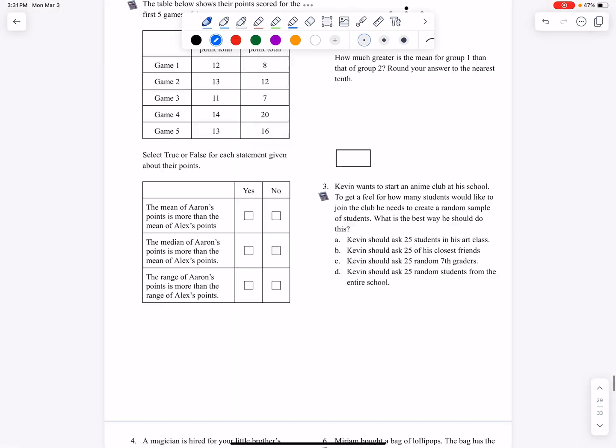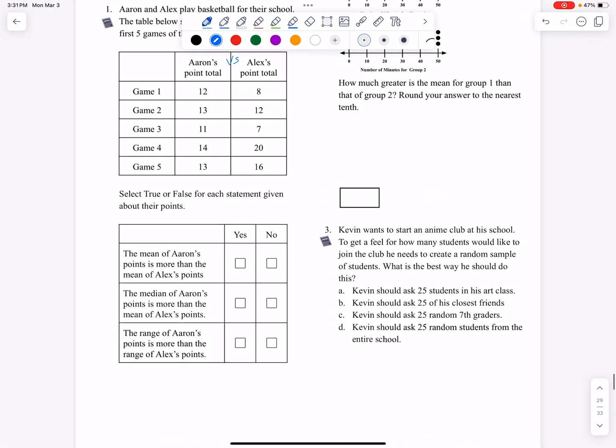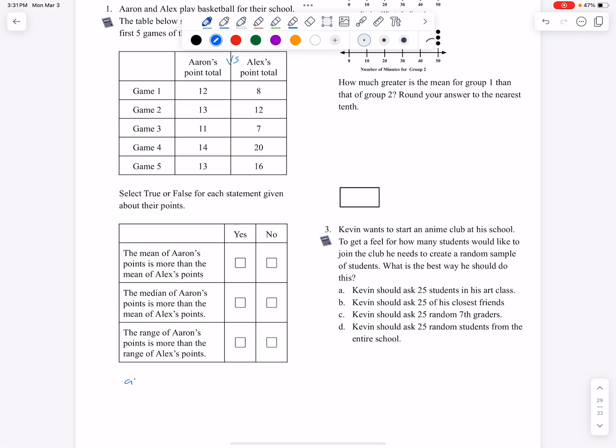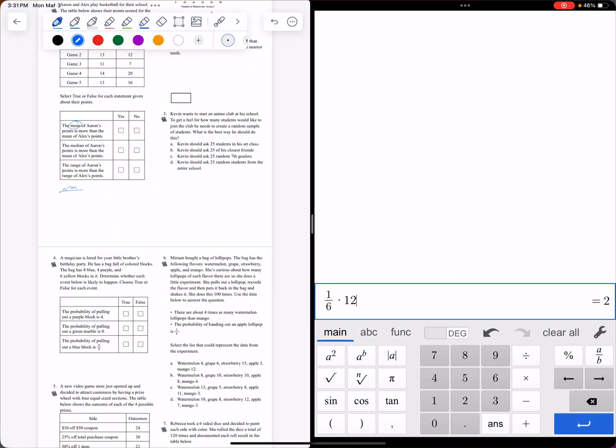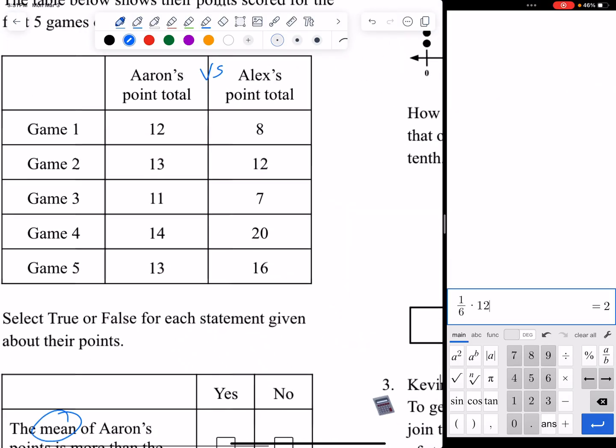Okay. So let's focus on Aaron first. So for Aaron, we're talking about the mean. The mean, and I have a calculator, yes. So let's go ahead and use that. For the mean, what do we got to do? We got to add up all the points and divide by 5. So let's see.